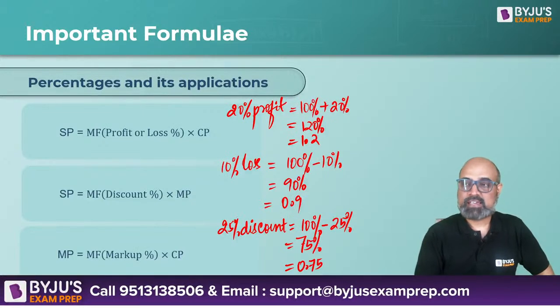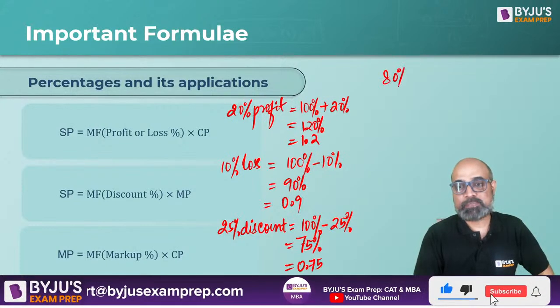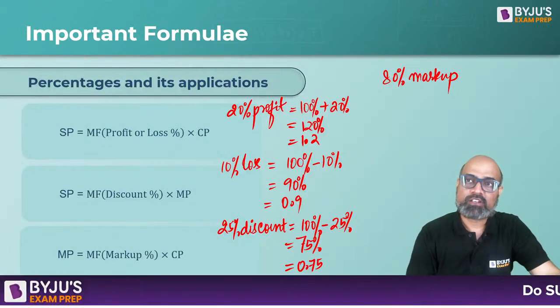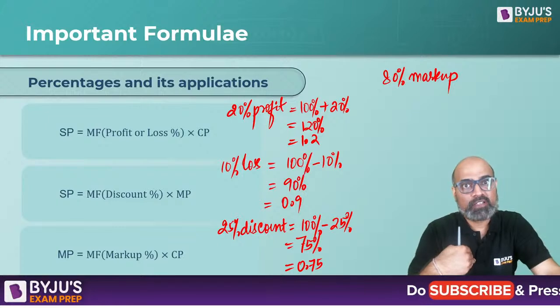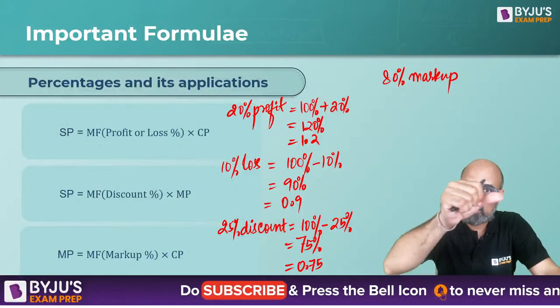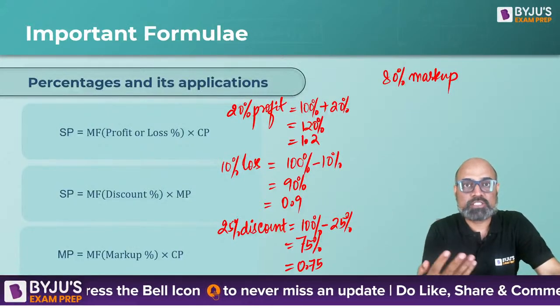Okay. The next is markup. Suppose there is an 80% markup. Now markup means increasing the price of a commodity, right? So if as a shopkeeper, if I bought something for certain money, and if I increase its price and I put a tag of that, then I'm going to earn something. So it's like a profit to me.